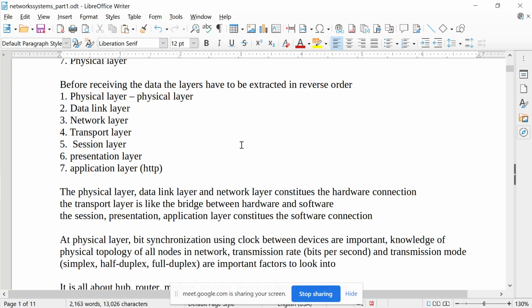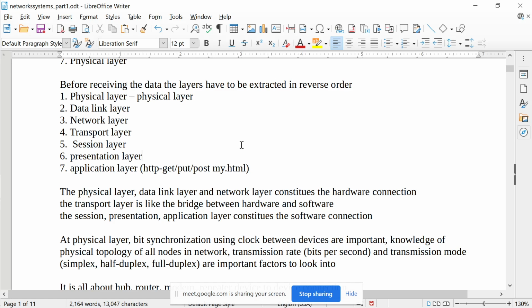So at this layer, if the browser and the web server have to understand each other, they have to talk in HTTP language. HTTP language means get, put, post, and the file name, let's say my.html. So you need to talk using some commands, and the set of commands is defined by the particular protocol, and this protocol is HTTP.